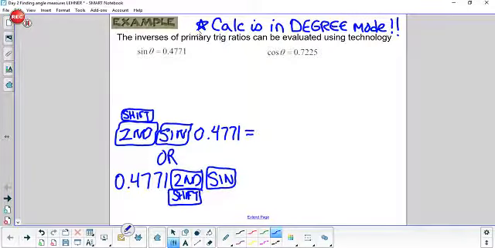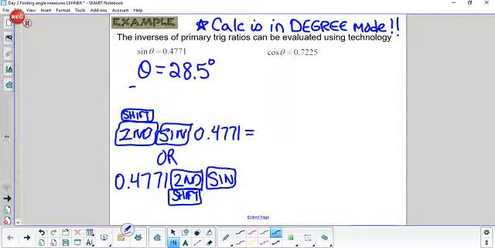I want you to try it right now as we do this, and I'm going to tell you what the answer should be, and then you double check your calculator to see if you can get it to match. We're going to go to one decimal place on these, and we always write it with a degree symbol. Notice as well we dropped the sine because no longer are we dealing with sine. We actually know the angle measure.